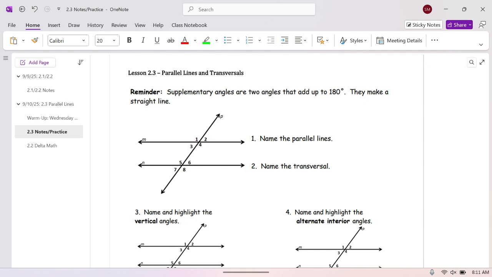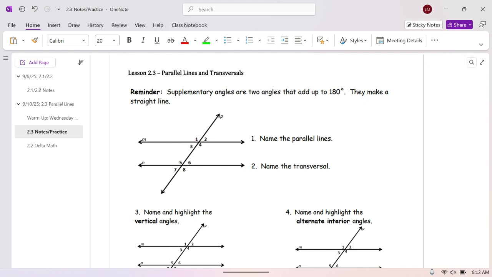So like I said, today's all about parallel lines and transversals. You may or may not be somewhat familiar with this. If not, that's okay. But what we're going to be talking about is all the different relationships that these 8 angles formed by these 2 parallel lines and cut by this transversal have with each other.